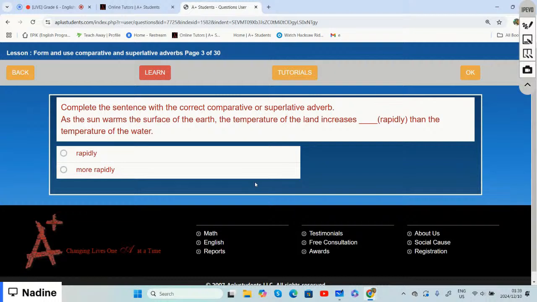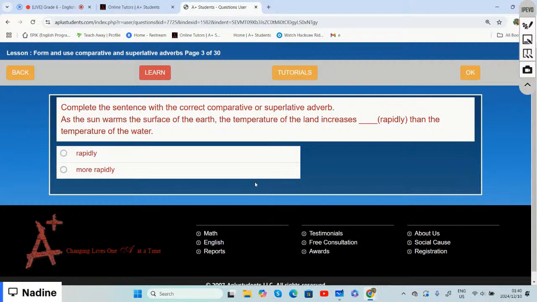And the last one says, as the sun warms the surface of the earth, the temperature of the land increases. Do we say rapidly or more rapidly than the temperature of the water? So we say, as the sun warms the surface of the earth, the temperature of the land increases.